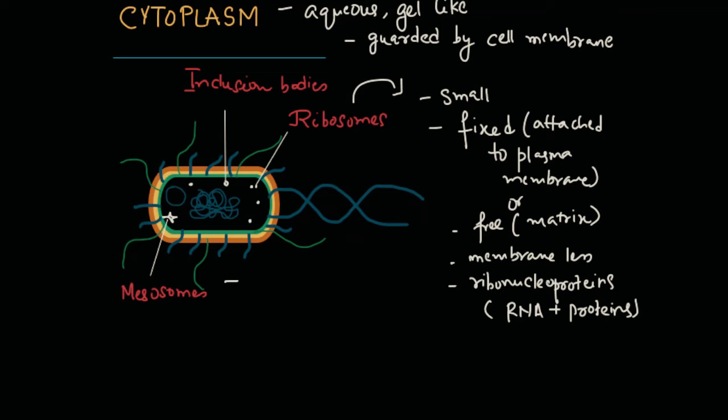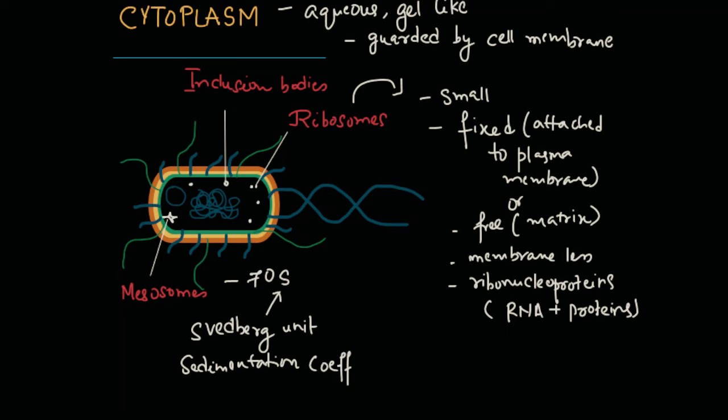Prokaryotic ribosomes are 70S in structure. What does this mean? S stands for Svedberg unit or Svedberg number, which is a measure of the sedimentation coefficient.